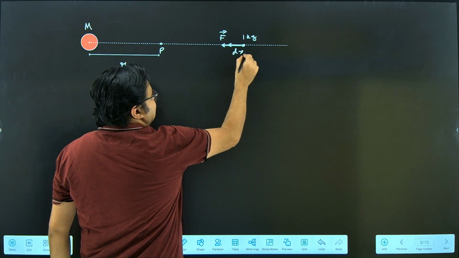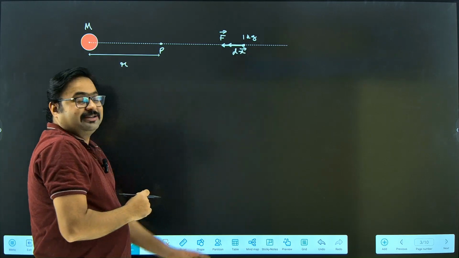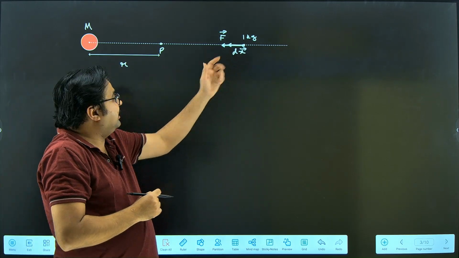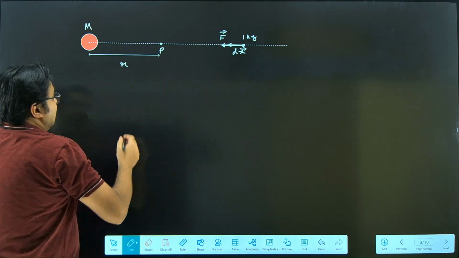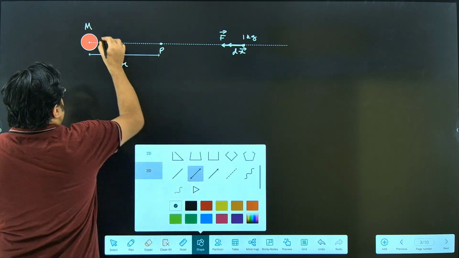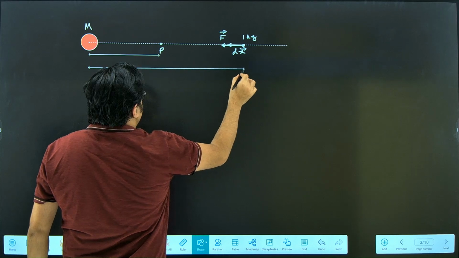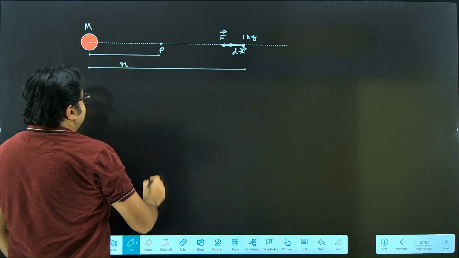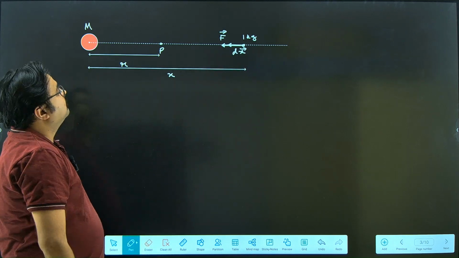It's a tiny displacement it's having right now. We are just looking at the mass moving by a very small amount dx, and it has progressed in the direction of force. Let's assume that the distance between the mass capital M and the place where the 1 kg mass currently is x, and that's how this can be written dx.